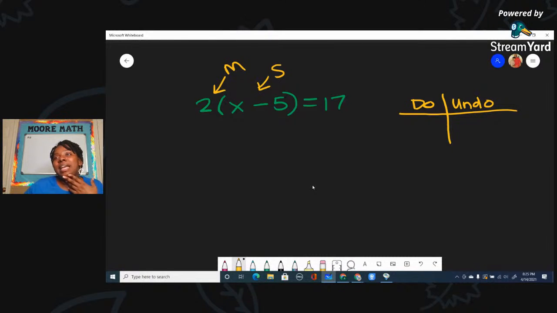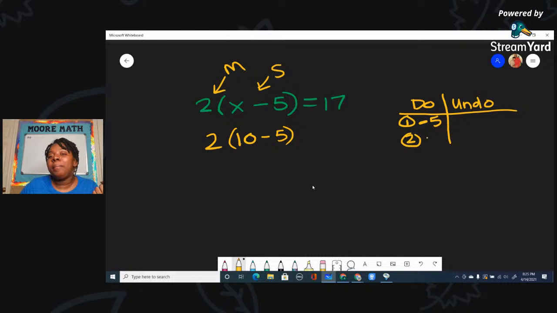Let's say x was 10. What will we do to the 10 first? Are we multiplying it by 2 or are we subtracting first? Well, it's in parentheses. So we would end up subtracting 5 and then multiplying, okay? Because parentheses first.